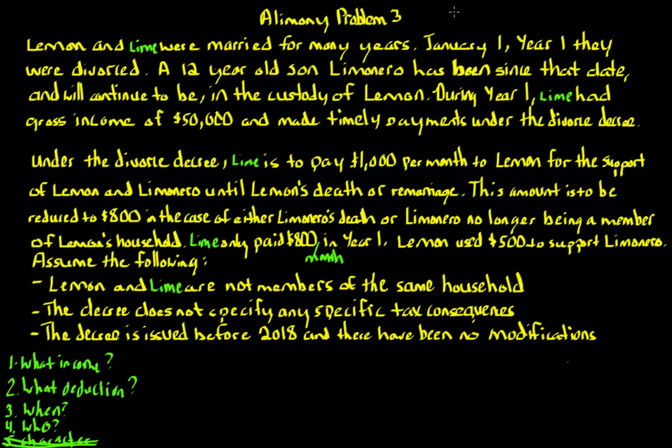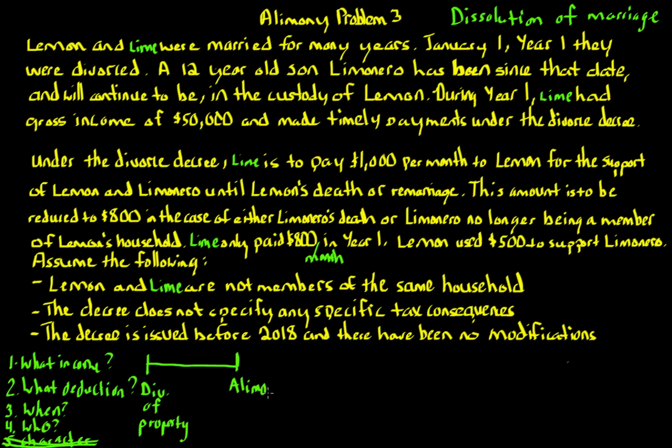This is a dissolution of marriage type issue. Whenever we're dealing with dissolution of marriage, we have some specific tax concepts to worry about. The first thing we always have to do is figure out the classification of whether it's a division of property, alimony, or in the middle, property settlement.